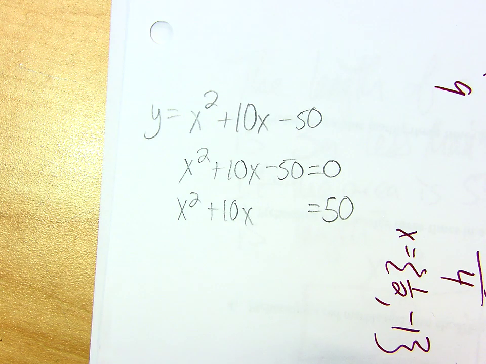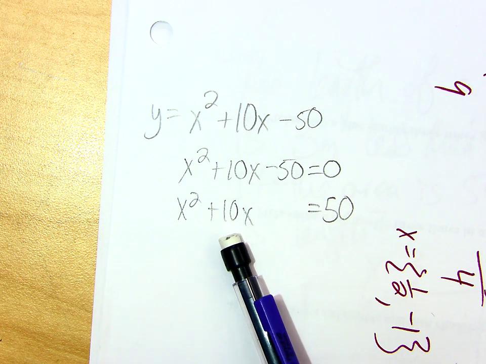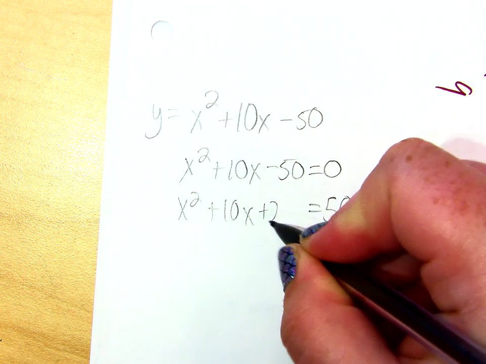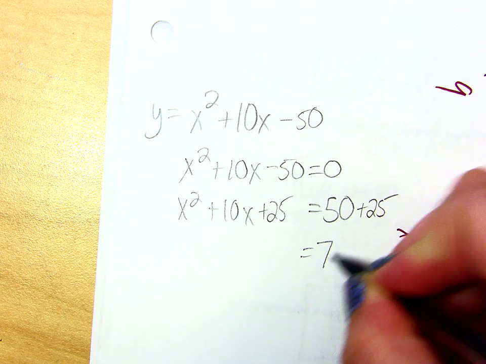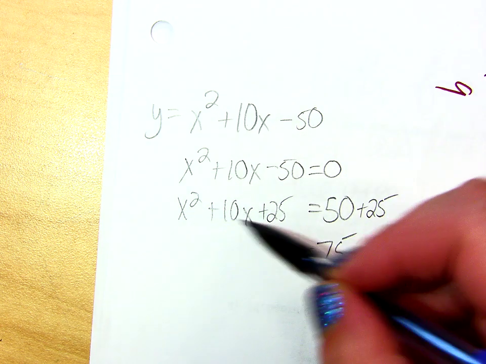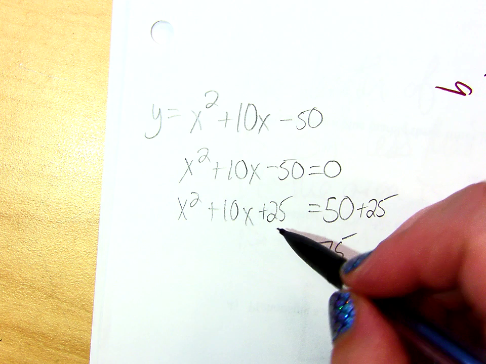And then what do you do? Take half of b and square it. So half of 10 is 5, and 5 squared is 25. So you add 25 to both sides. So now on the right, I have 75. On the left, this is what is called a perfect square trinomial.